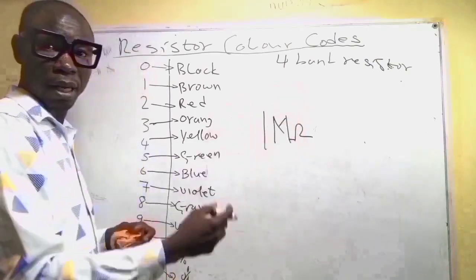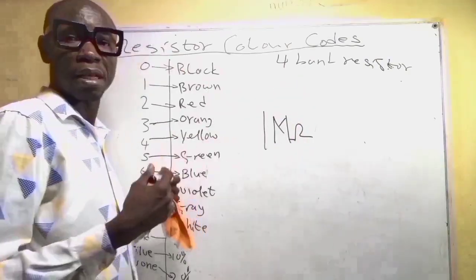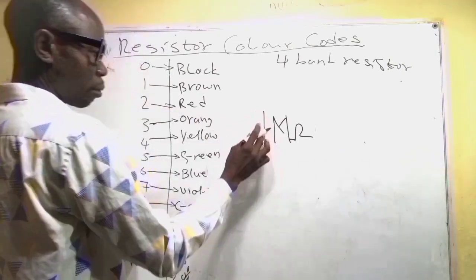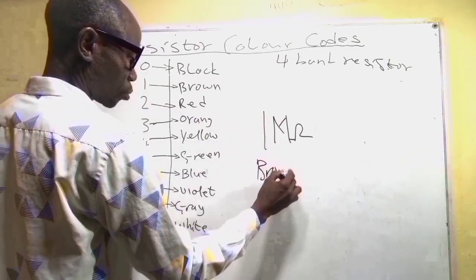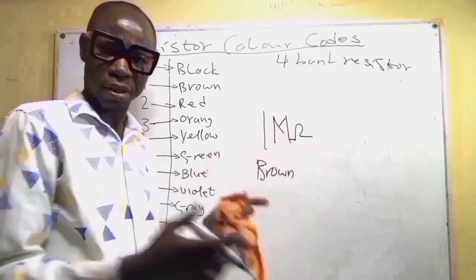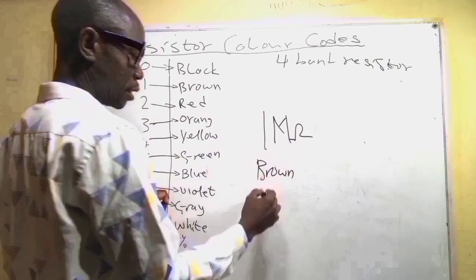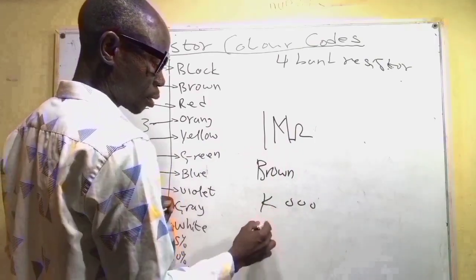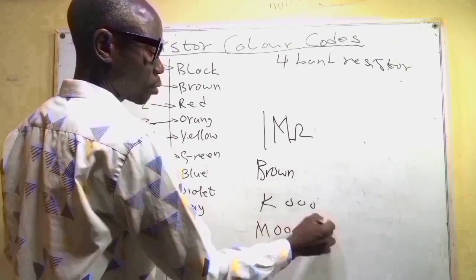The first, second, and third band give us the value of the resistor. Brown is 1. And mega means 000000, six zeros, like K is 000, three zeros. Mega is 000000.